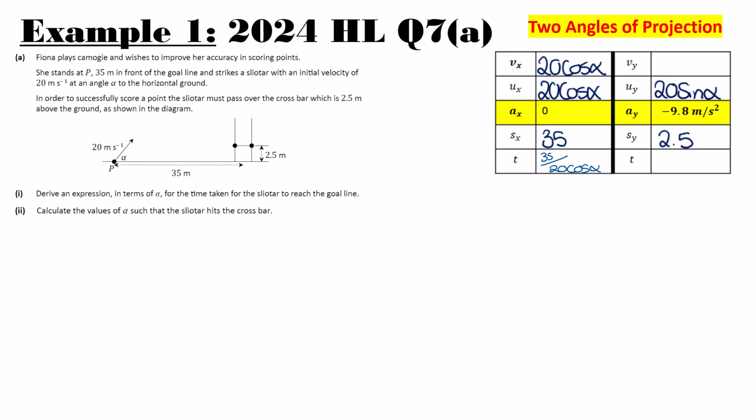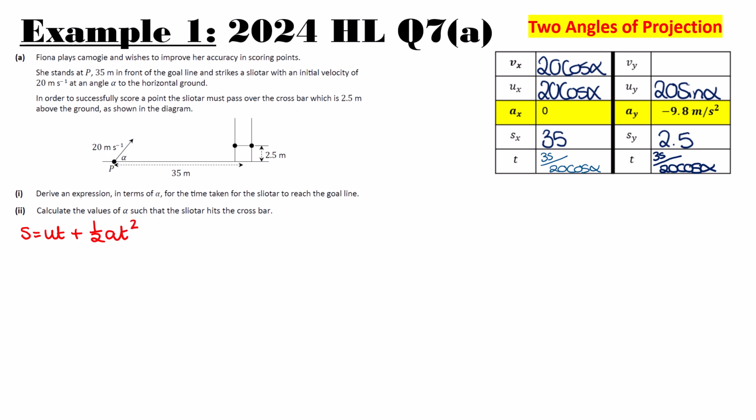Remember that time is the connector, so I also can put my time in here. I'm not going to use my x direction because that's how I found time. So instead I'm going to use my y direction. So the only formula I can use that will work is going to be s equals ut plus a half at squared.